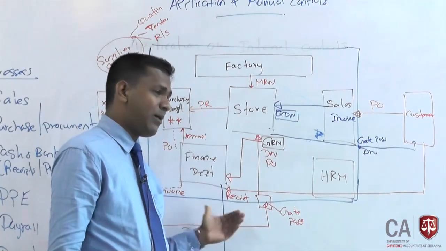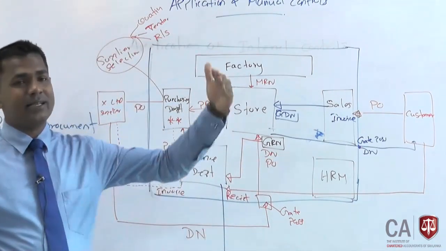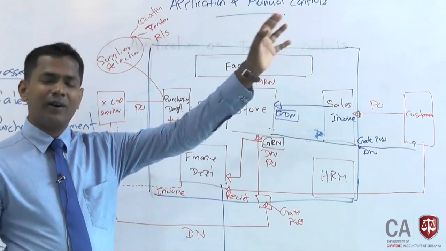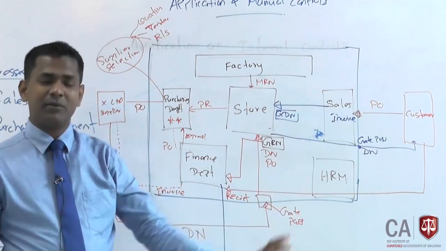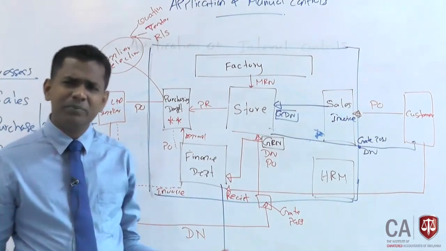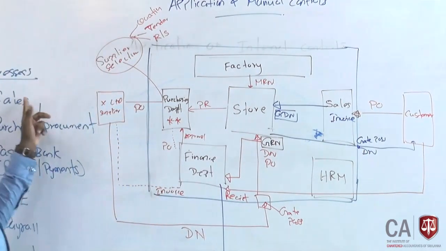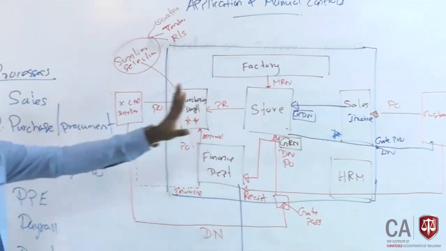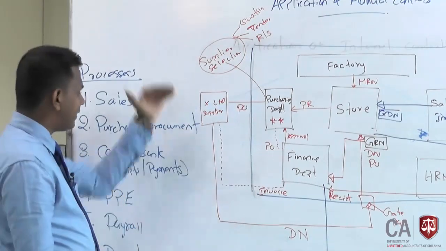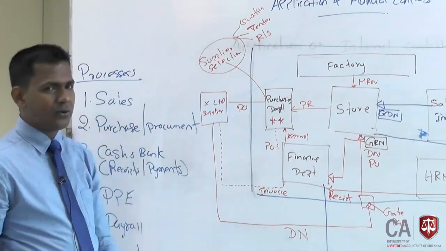And also the finance department, if it is a credit customer, will send the customer statement to the customer. These are the internal controls in relation to the sales. So these are basic understandings, or basic internal controls, that I told you. In your CL1 study text, the internal controls have been given in detail. I will tell you how to do that one, right?